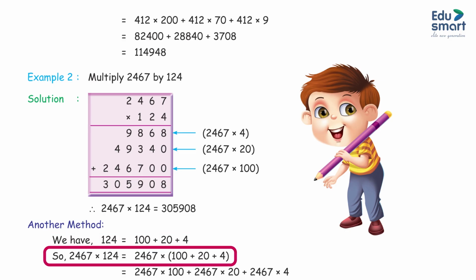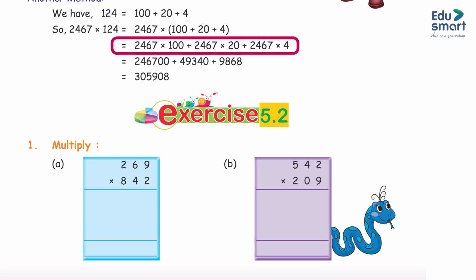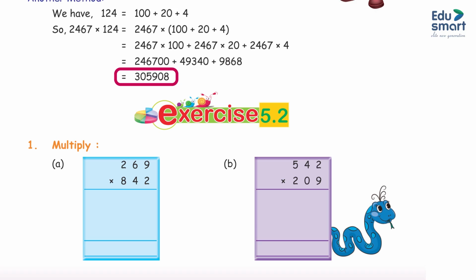So 2,467 into 124 is equals to 2,467 into 100 plus 20 plus 4. 2,467 into 100 plus 2,467 into 20 plus 2,467 into 4 equals to 2,46,700 plus 49,340 plus 9,868 is equals to 3,05,908. Exercise 5.2. Question 1.